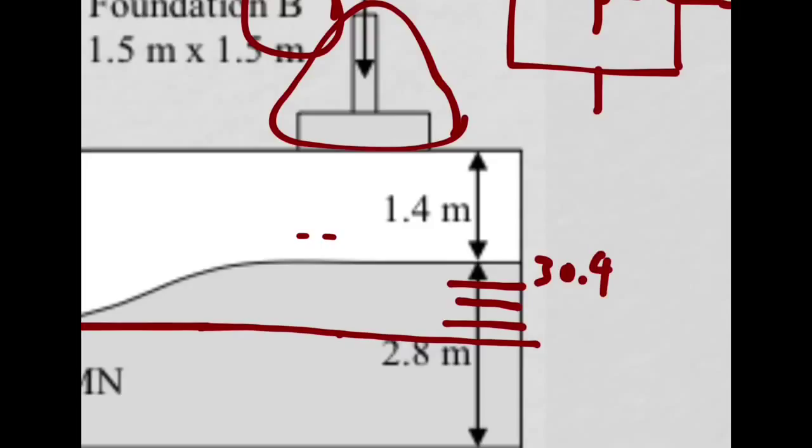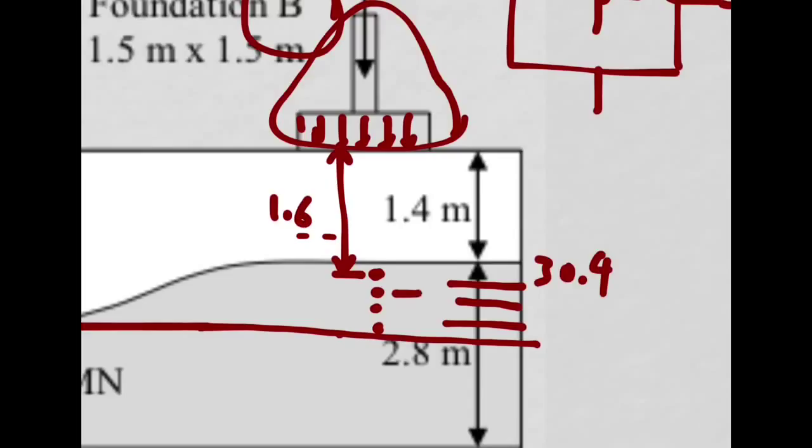We want to determine the increase in the stress due to this surface loading at this point for sublayer 1, sublayer 2, 3 and 4. So for this one, what will be the depth from the ground surface? It will be 1.4 plus 0.4 divided by 2. It will be 1.6.